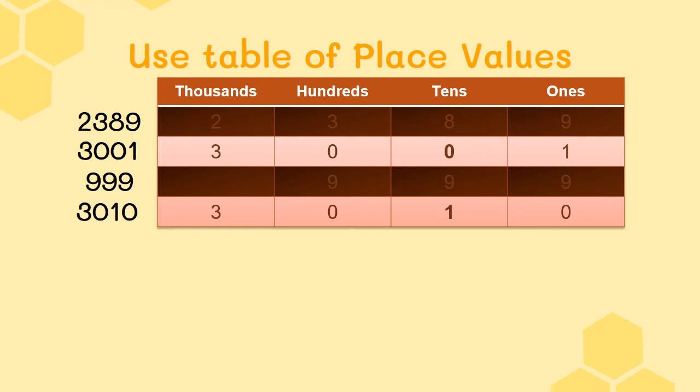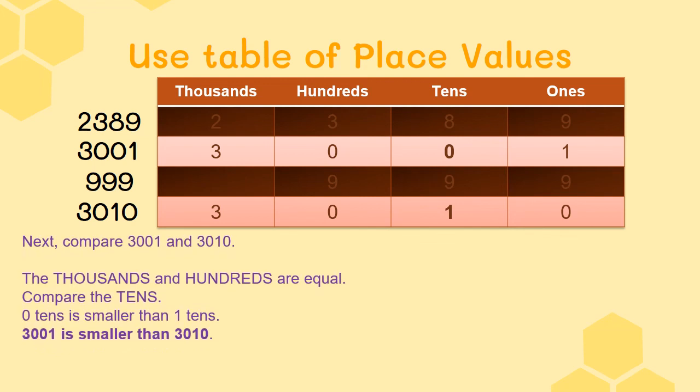We already compared the thousands, equal, 3 and 3. Compare the hundreds, also equal, 0 and 0. So we compare the tens, 0 and 1. Which is smaller? Of course, 0 tens is smaller than 1 ten. That means 3,001 is smaller than 3,010.